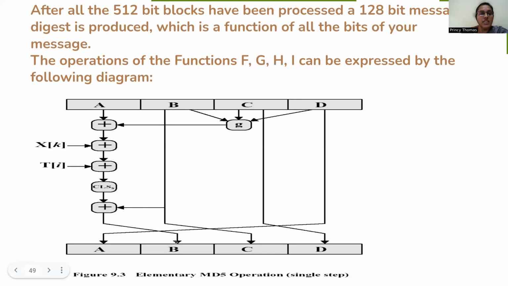The output of A will be given to the next B, the output of B will be given to the next C, the output of C will be given to the next D, and the output of D is going to be given to the next A. So this is the function.